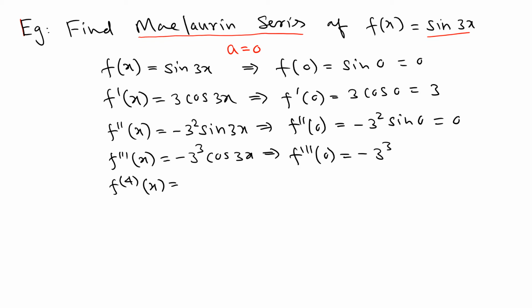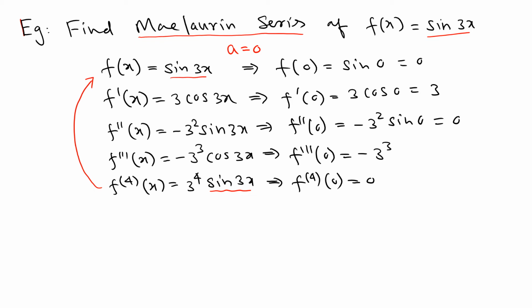It is cosine, that means negative sine. With this negative sign, it becomes positive. So it's 3 to the 4 sine 3x. And if you evaluate this at 0, you can see this is 0. Now you can see that this came back to sine. We started with sine. That means this is going to go in a cycle, except you're going to increase the term in front. So if you take the fourth derivative, you get 3 to the 4, and then you can see the sine.